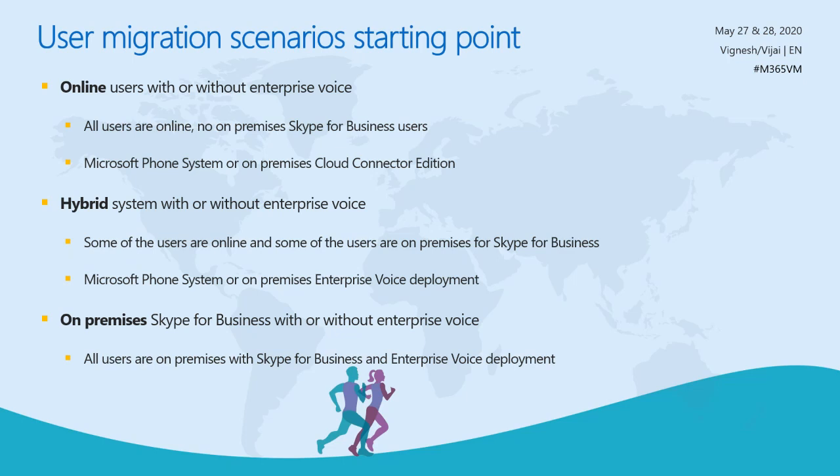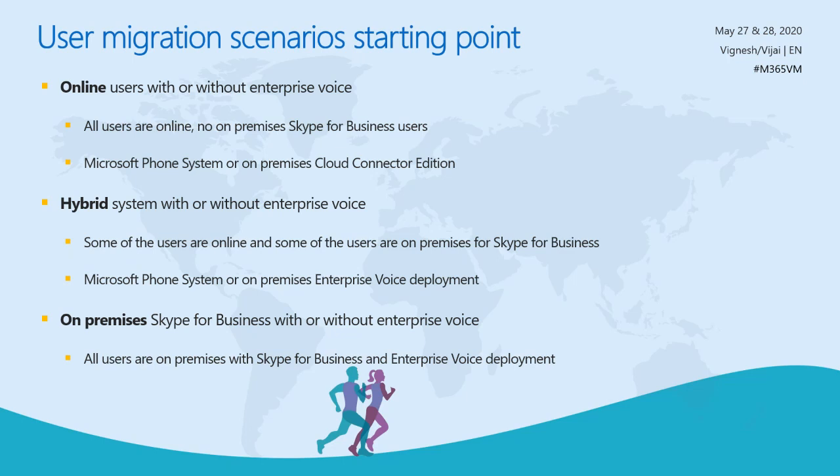In some organizations, all the users might be using Skype for Business Online, with voice and everything online. In a few organizations, they might be in hybrid mode, which means a few users might be on-premises, a few users might be online, and their Enterprise Voice might be on-premises. On premises, they are completely on-premises, all the users.